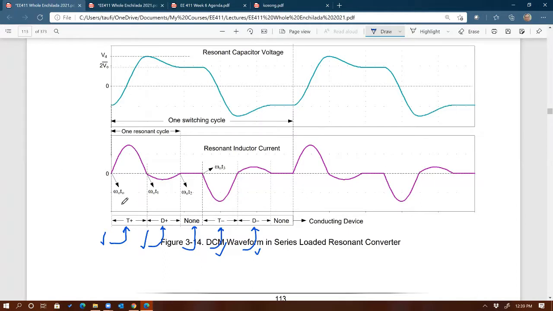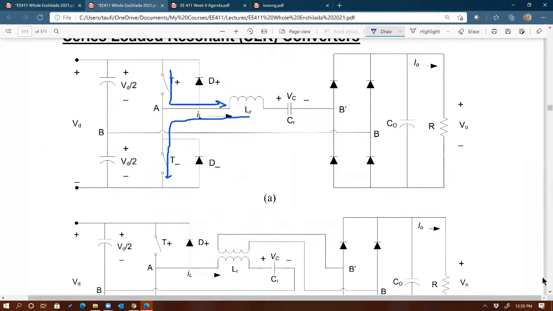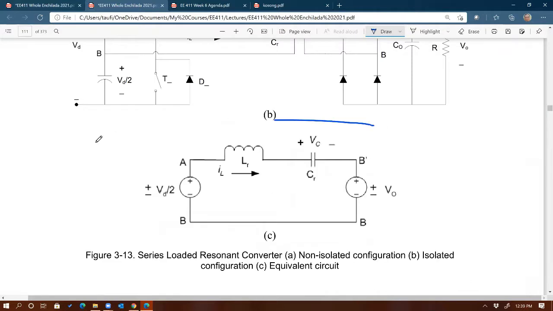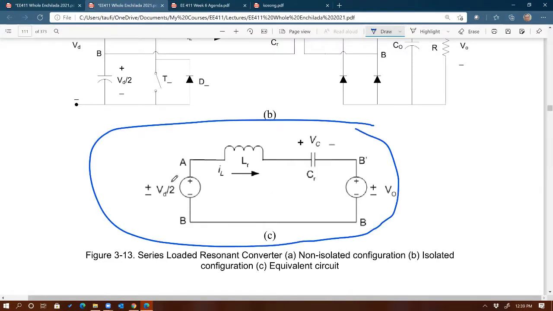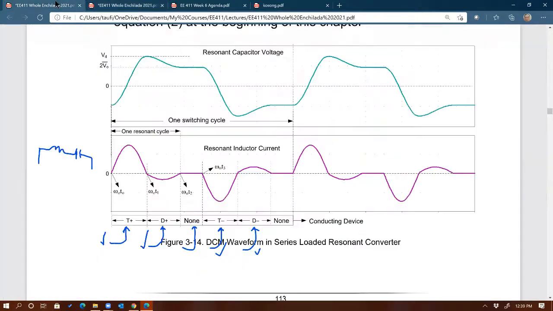Those 4 states follow exactly the same LC series circuit. Remember the model that we had earlier? Why do I need to draw? It's right here. So it follows this model with different input and output voltages. Those are the 4 different states.